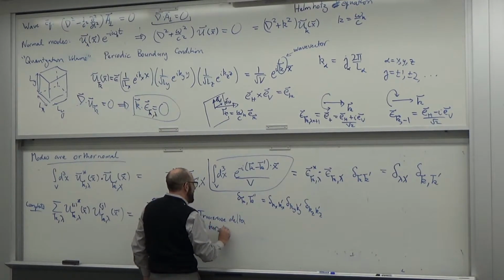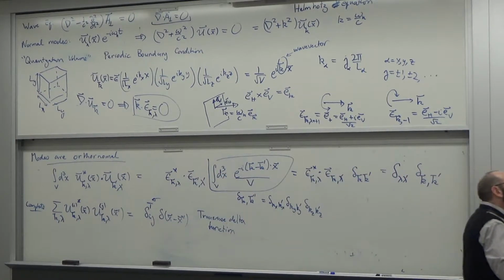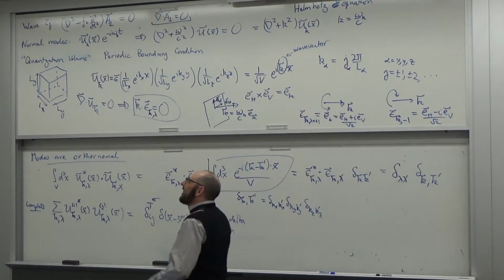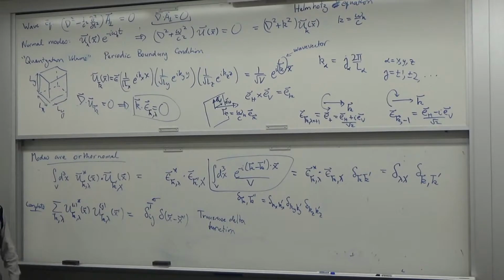It's not really that important for our purposes, but I'll just mention it. There are very subtle points when you're thinking about completeness relations; you have to remind yourself that you're only dealing with the part of the vector field that has zero divergence. There's another part of the vector field that has a non-zero divergence, and that's not part of this quantum field.